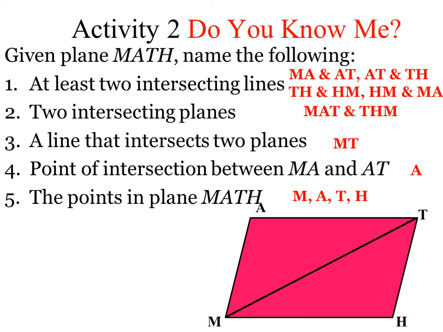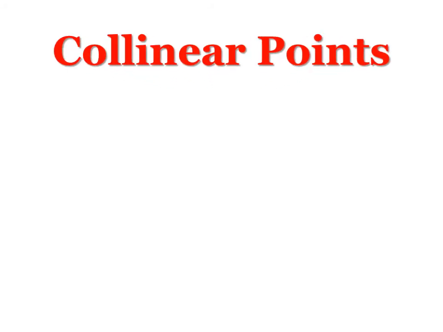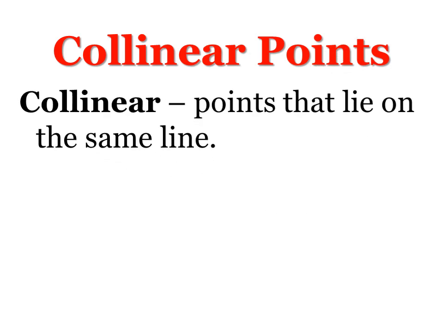So this time we'll proceed to the next. We have collinear points. What do you mean by collinear points? From the word co and then line, linear. So if we say collinear points, they are points that lie on the same line. Example, there we have a line and there are 3 points on the line.